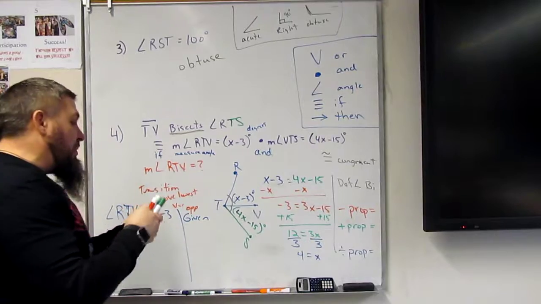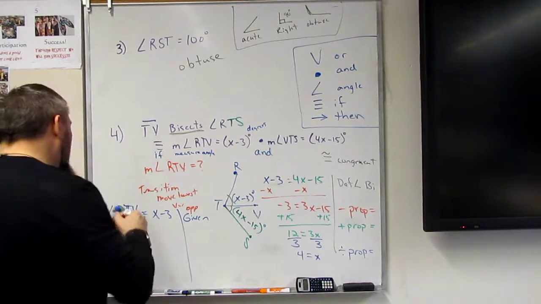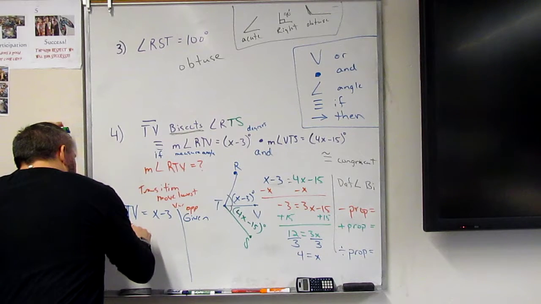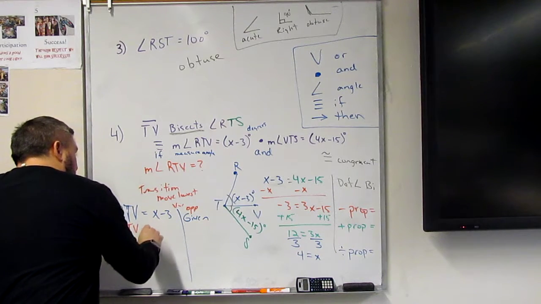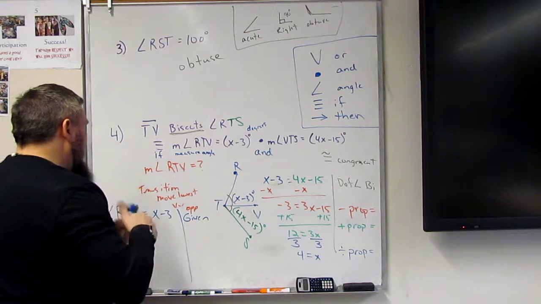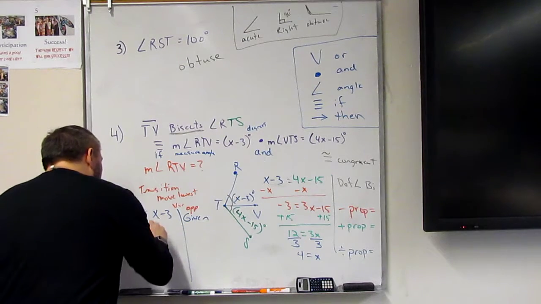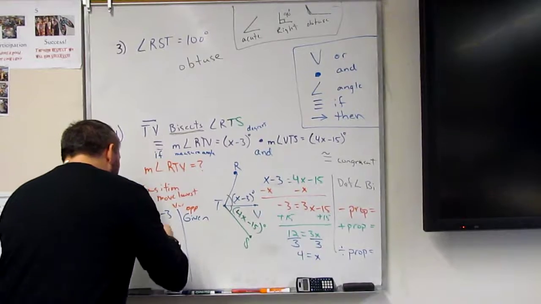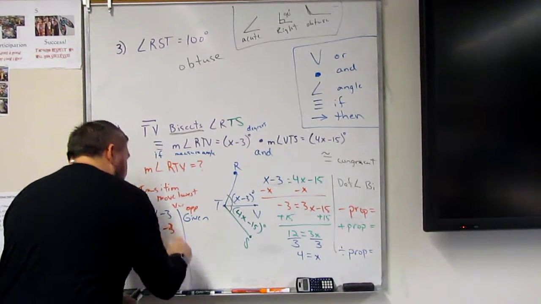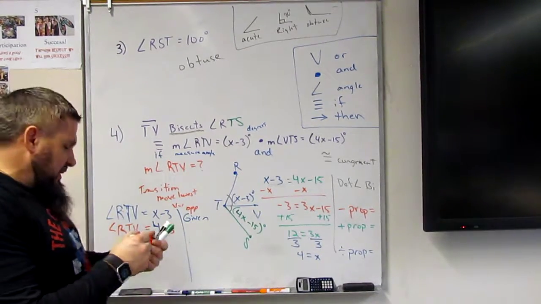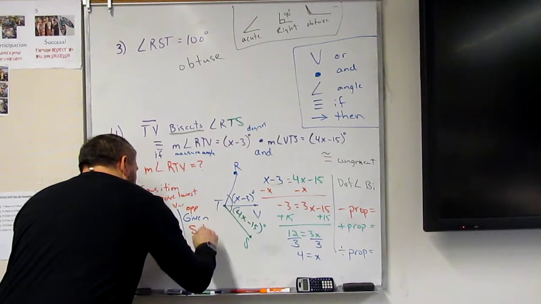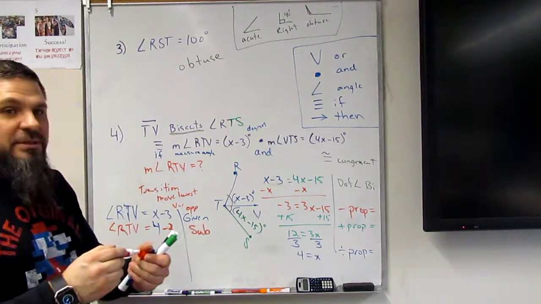Then what do we do? Angle RTV is equal to 4 minus 3. So what did we do there? You plugged it in. What's that called? Substitution.